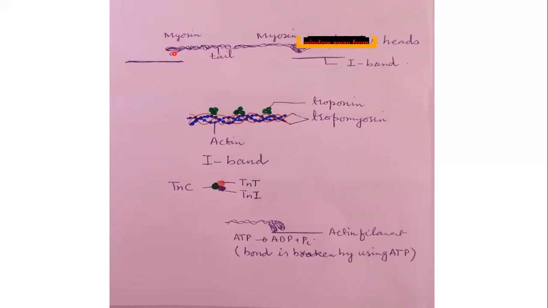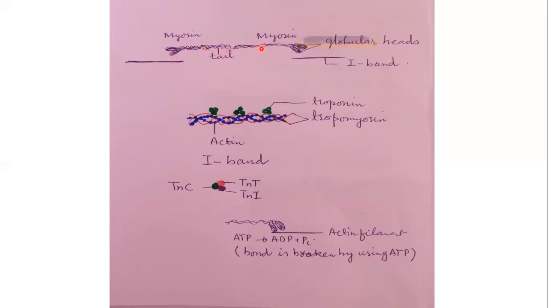Now, myosin filaments are myosin proteins. They consist of two parts. One is called the head region, which is also called what? Globular heads or cross bridges, because they make a link with the actin filament, and a tail region. Now you can see two myosin molecules.